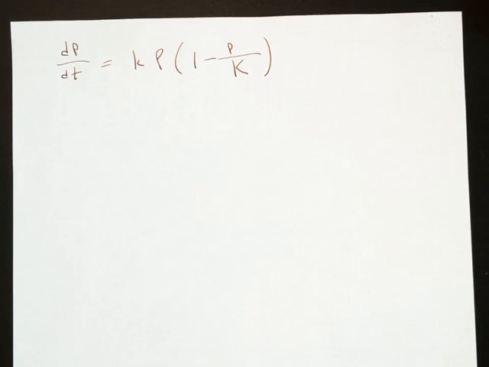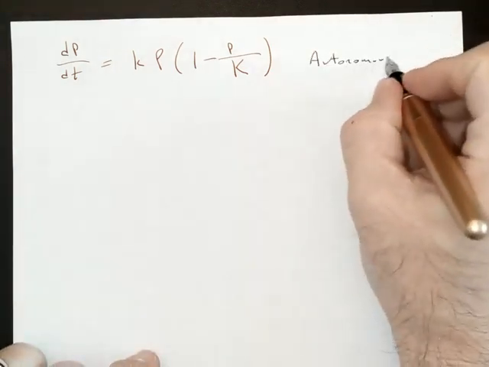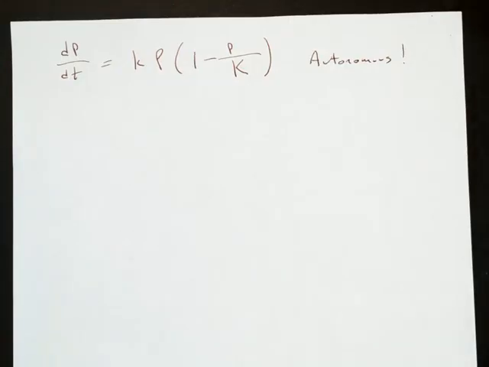There's no t over there on that side. So this is autonomous, which means I know what the slope field looks like if I can figure out where the equilibrium solutions are. I can tell you what kind of equilibrium solutions I have. Where are the equilibrium solutions?